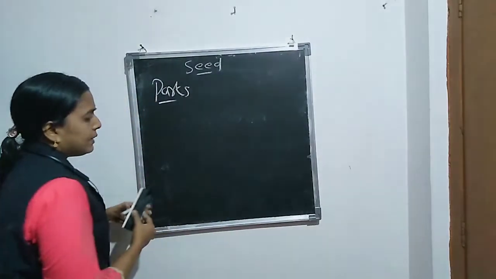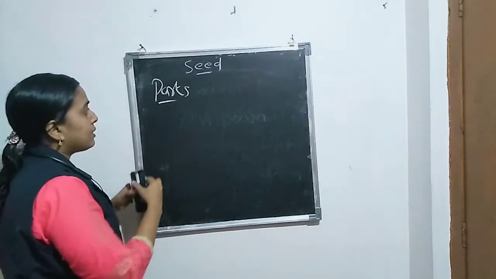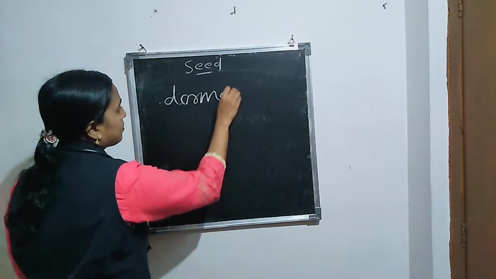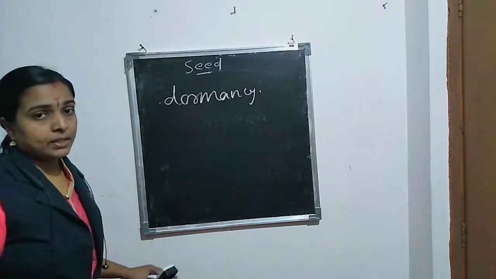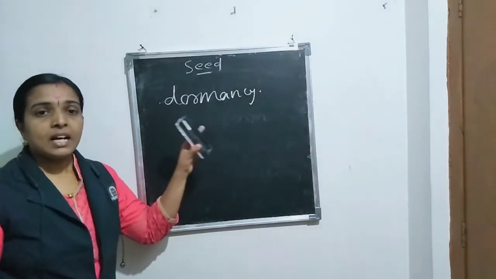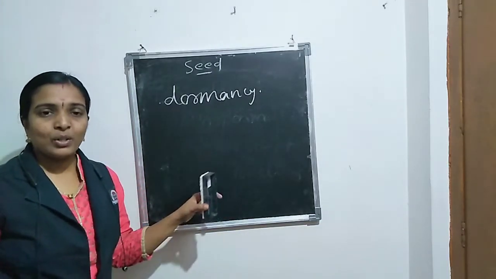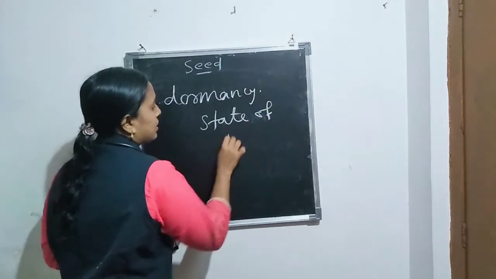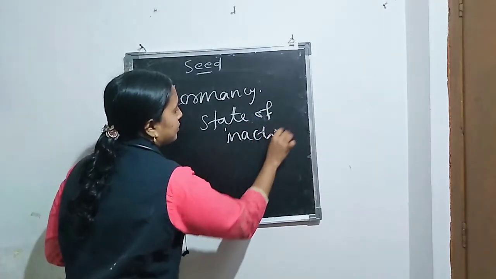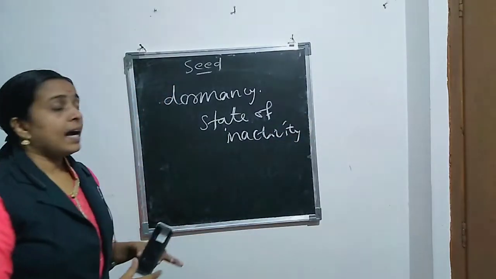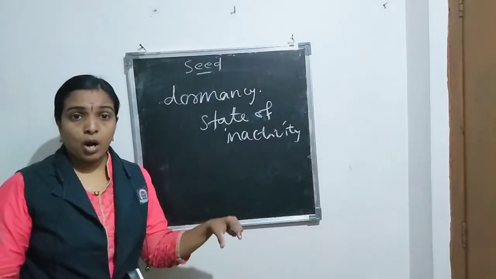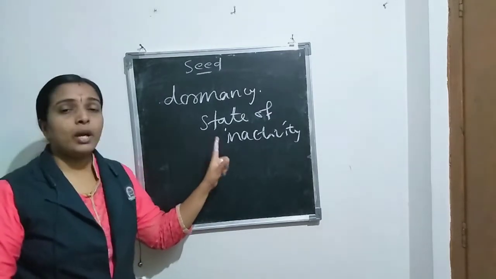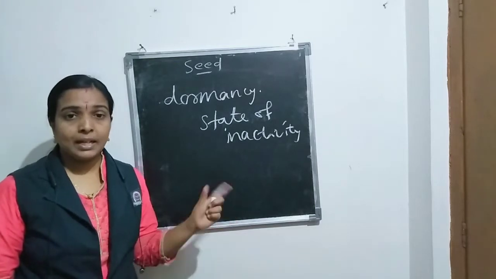Then the next term is related to seed dormancy. Seed dormancy means a resting period of the seed, a state of inactivity. During this period, all the metabolic activity of the embryo slows down, and the embryo enters a state of inactivity.